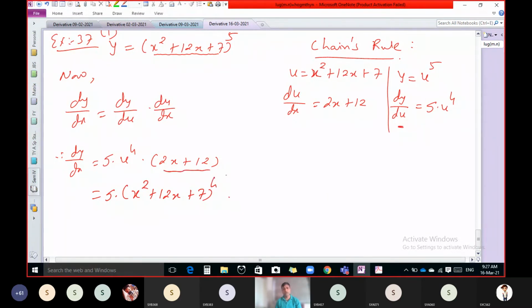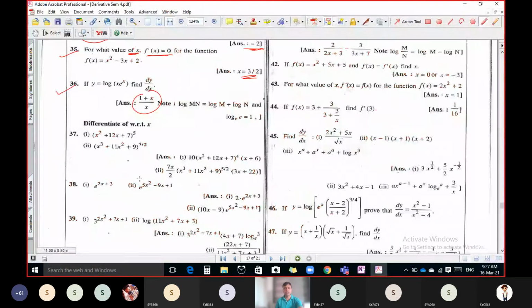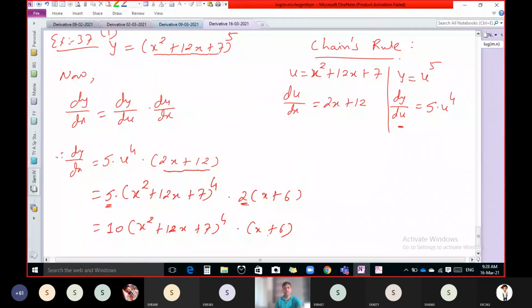You can take 2 common, so we get x plus 6. So my final answer is 5 twos are 10, into (x square plus 12x plus 7) raised to 4, into x plus 6. This is the way to solve this type of question.